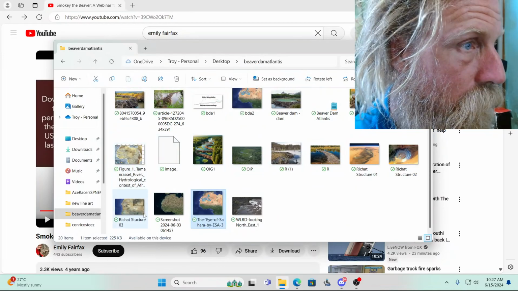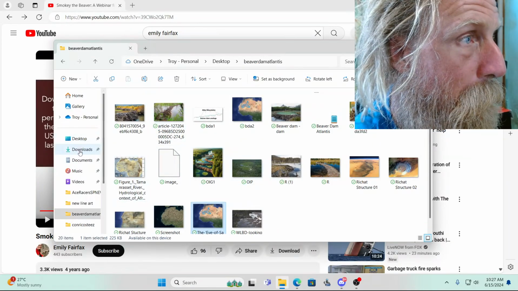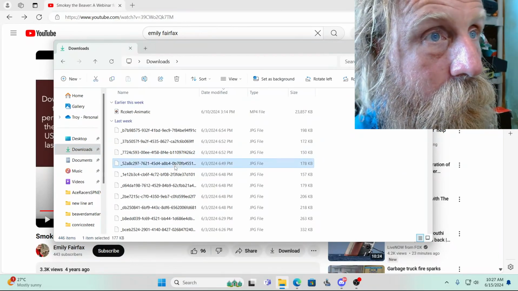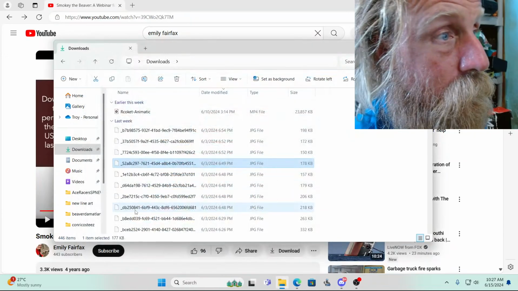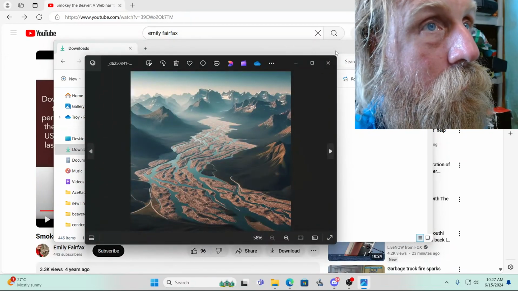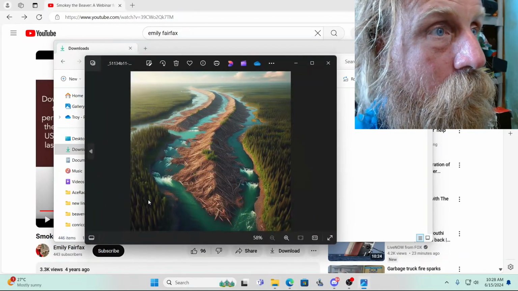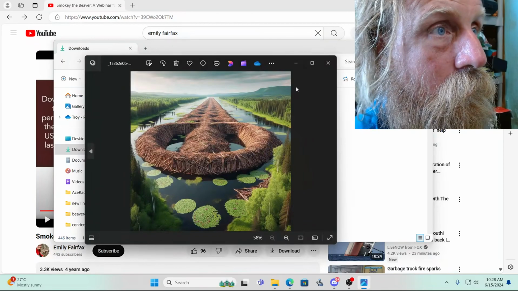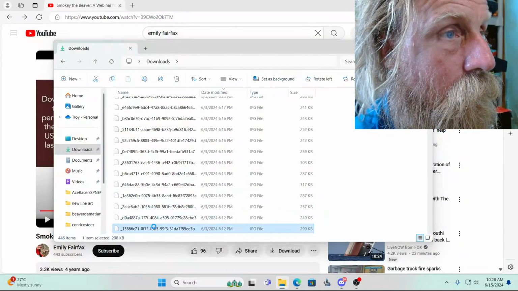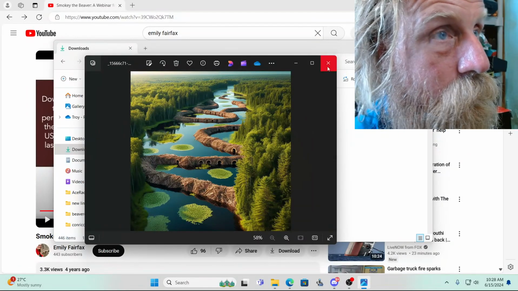Okay, so yeah, so here's some AI generated art. These are all Beaver Dam art. Yeah, this one's a pretty good one.